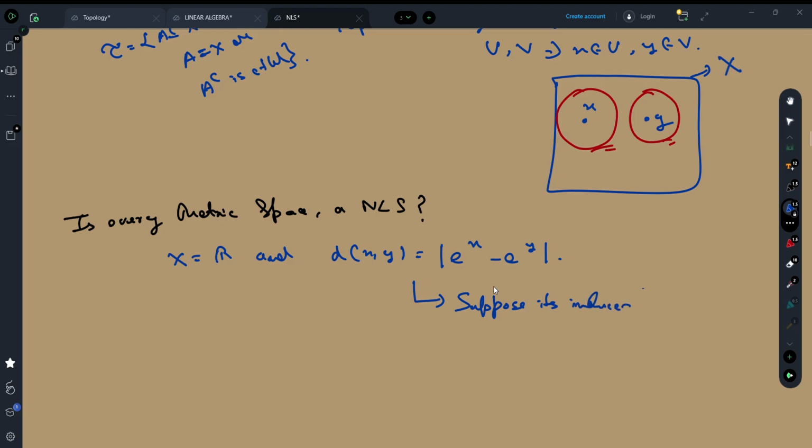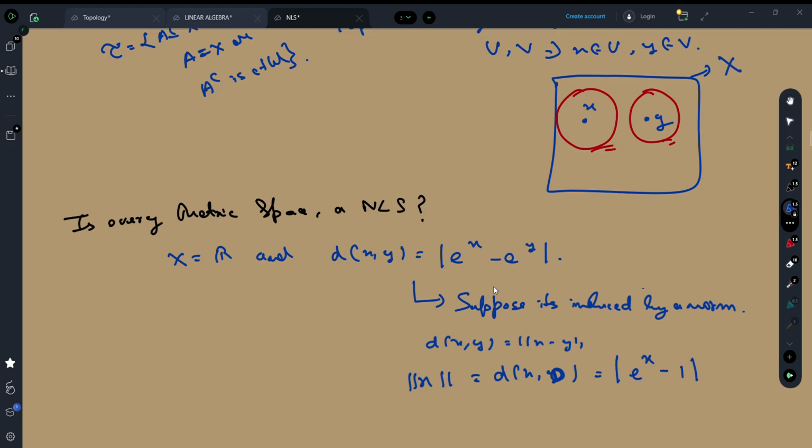Suppose it's induced by a norm. So by definition, d(x,y) should be norm of x minus y. So what can we say about norm of x? Norm of x is typically d(x,0). So in this case, it should be the absolute value of e to the power x minus e to the power 0.